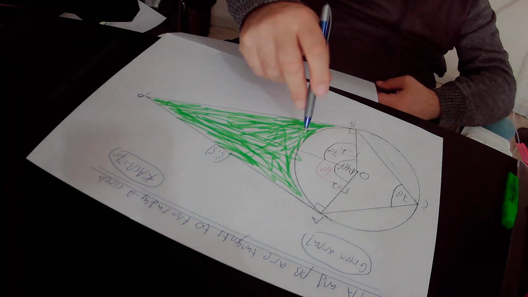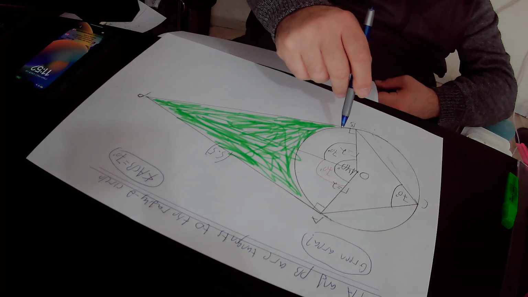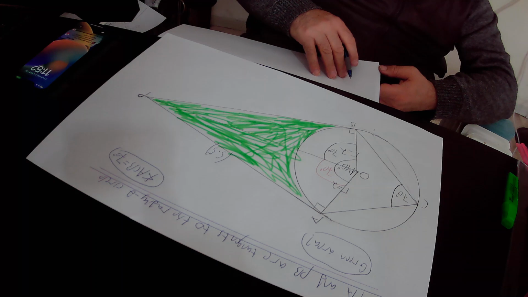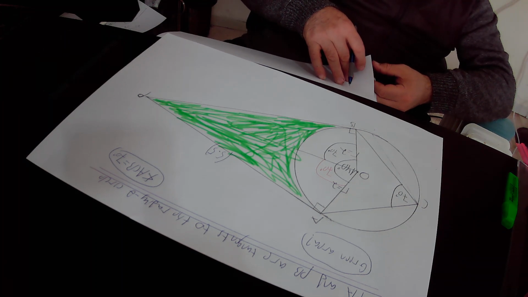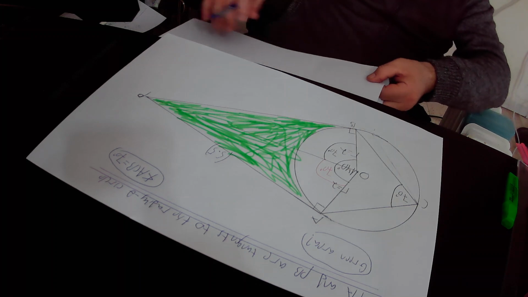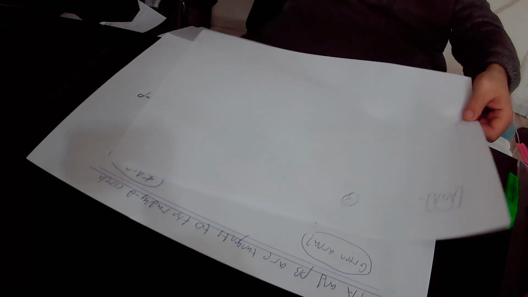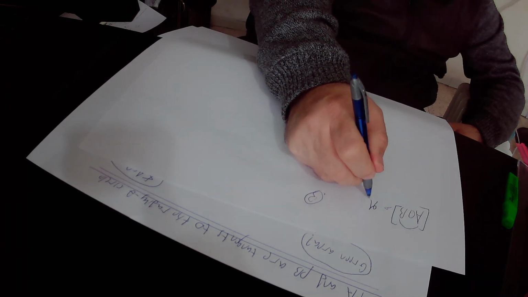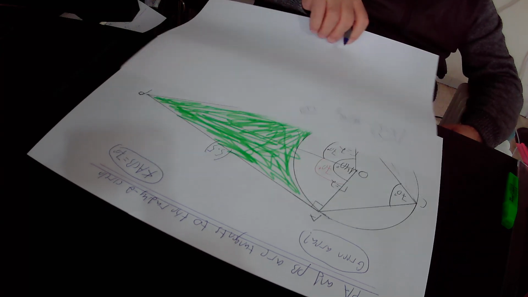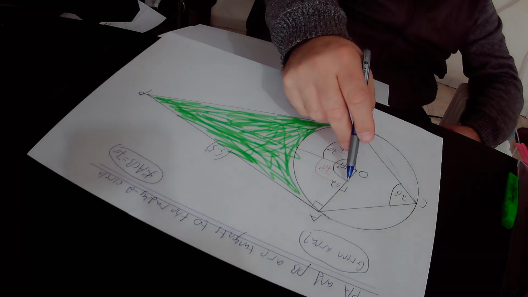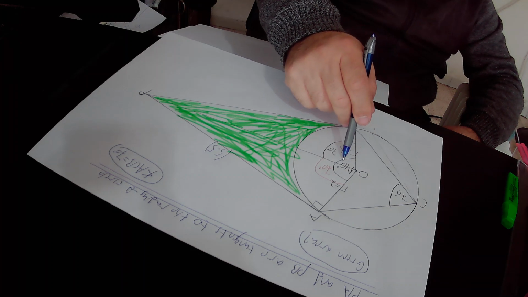The area of this sector equals the area of the circle that contains the sector, that is pi r squared, times the angle between the legs of the sector. This angle between the legs of sector AOB is equal to 140 degrees.